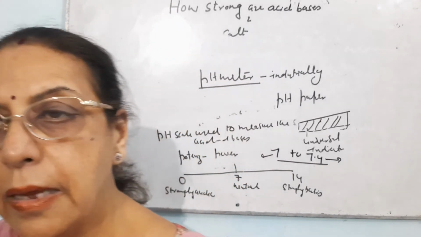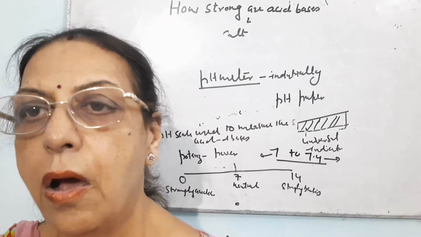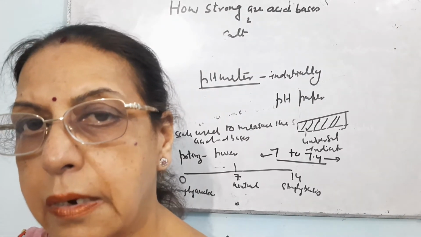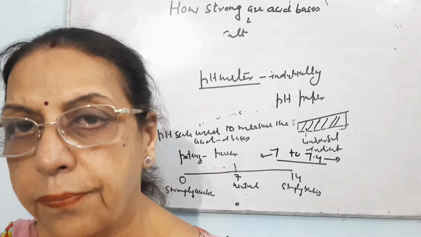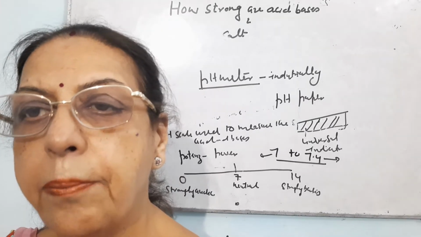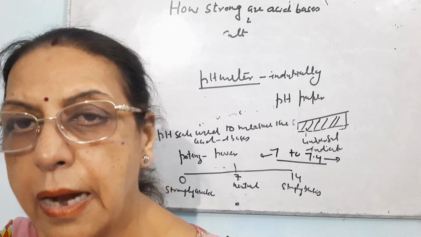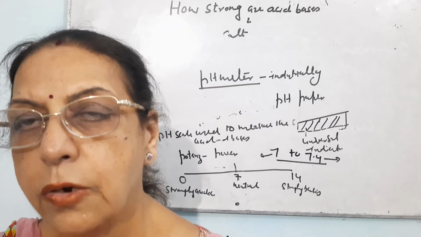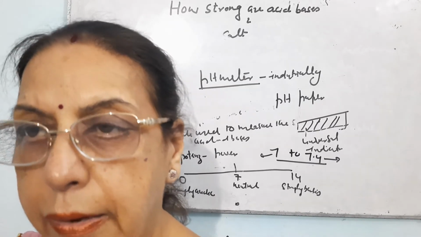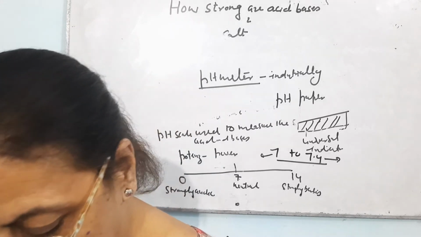And one very important thing: all strong acids and strong bases dissociate completely when dissolved in water to give us hydronium ions and hydroxyl ions.